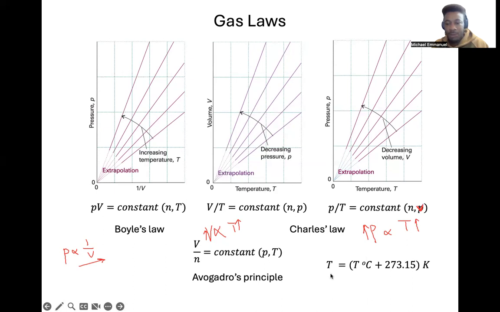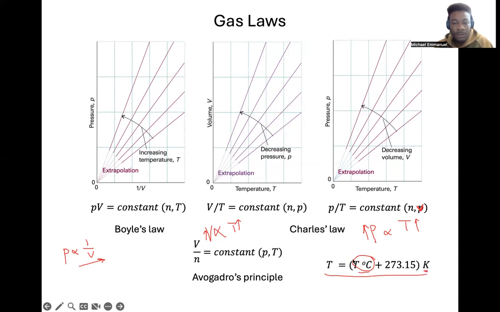Now, the temperature here is the Kelvin temperature, not the temperature in degrees Celsius. So if you face any problem that has to do with temperature when it comes to these gases, you always have to convert the temperature from degrees Celsius by adding 273.15 to get the temperature in Kelvin.